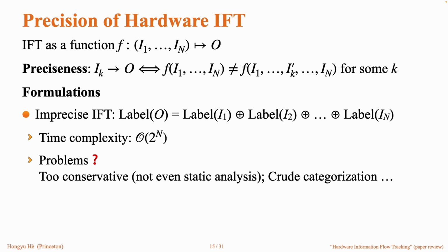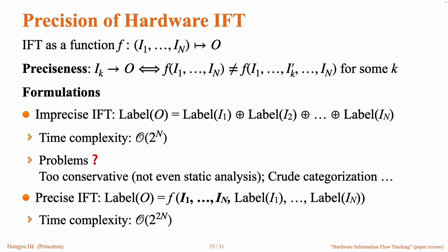So I thought it was a very crude categorization of preciseness and impreciseness. Preciseness in their definition is taking into account the actual input. In our case, I think we've discussed checking whether the inputs, like the range, will ever reach a certain branch.